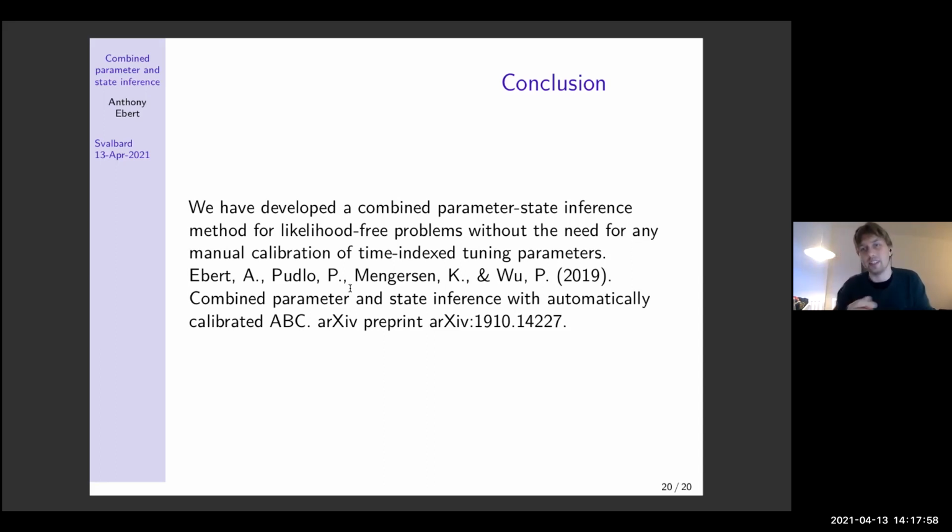So the tuning parameters do not increase with the amount of time that you need to perform inference on. And so we've got a preprint archive here. Thank you.